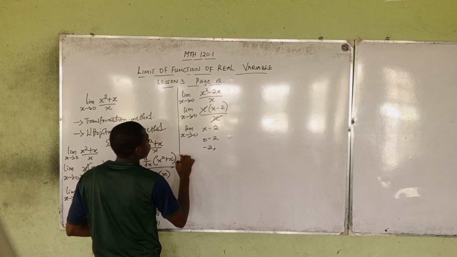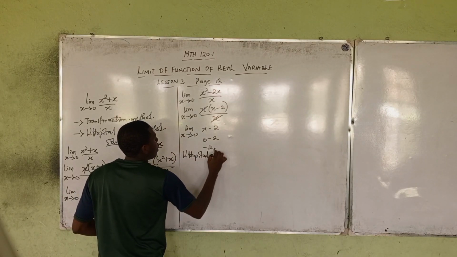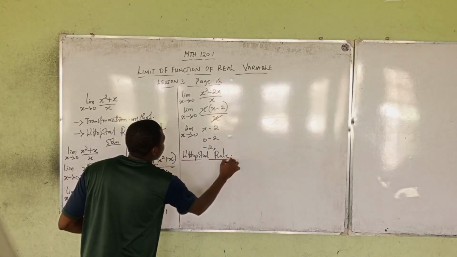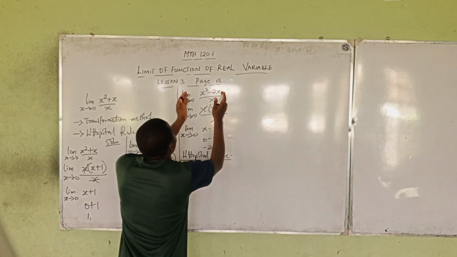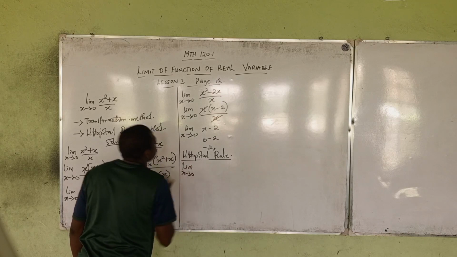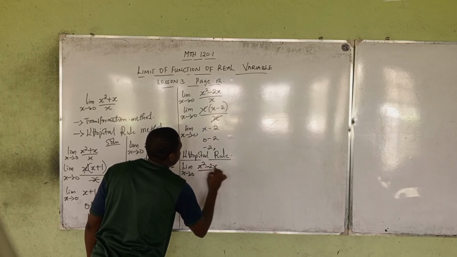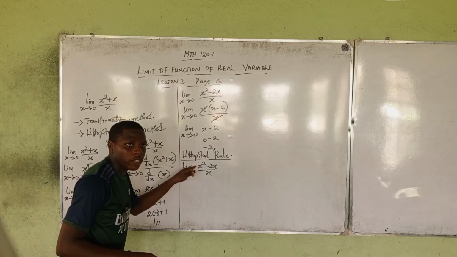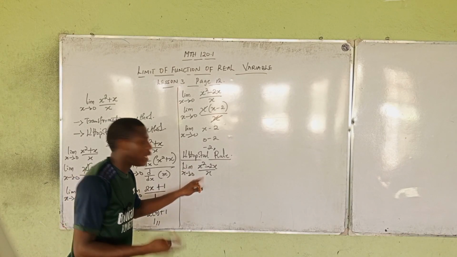Using the L'Hospital rule method, I told you that when you are using this rule, you should be good with differentiation. If you have the limit of x tending to 0 of the function x squared minus 2x divided by x, you differentiate your numerator with respect to x and you differentiate your denominator with respect to x.